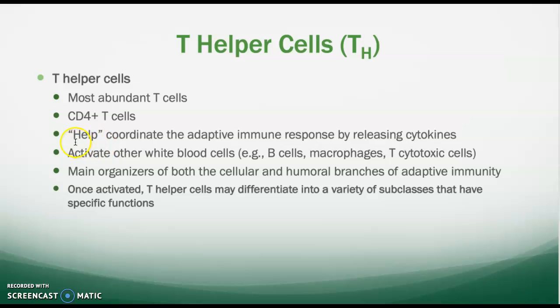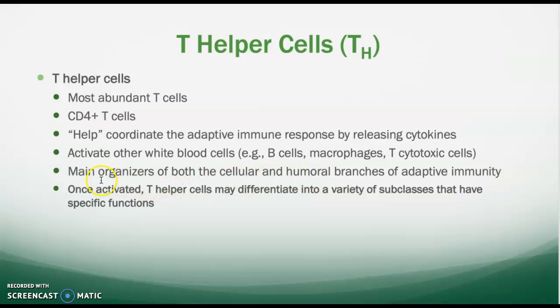And their whole job is to help coordinate the adaptive immune response. And they do this by releasing cytokines, those chemical signals. They also activate other white blood cells, and that's usually through cytokines, these B cells, macrophages, and cytotoxic T cells. Remember, I said they're the generals. They're sending out orders to all these other white blood cells to start fighting an infection.